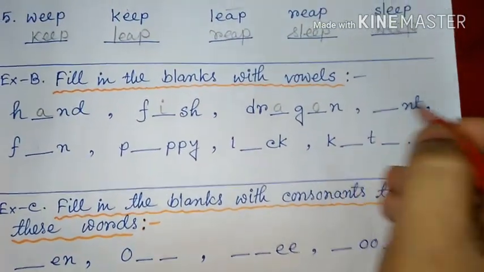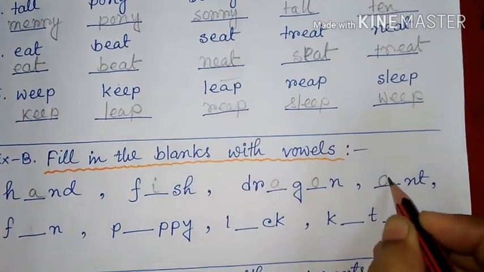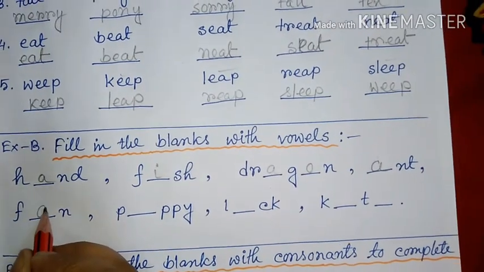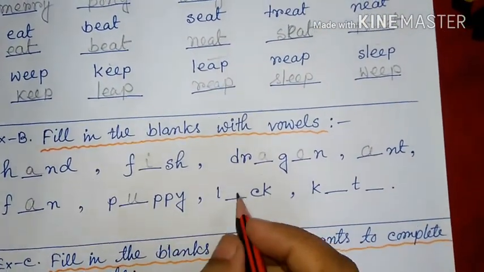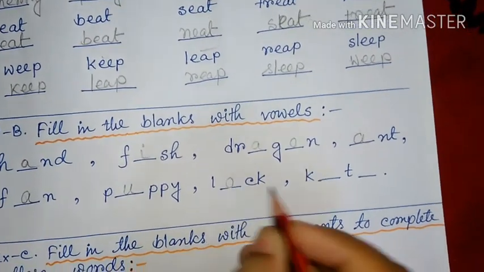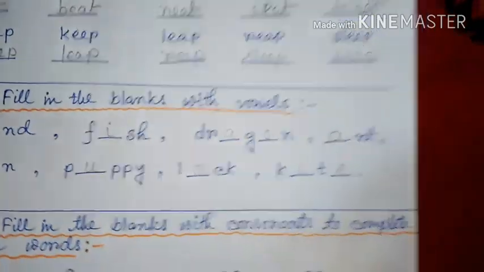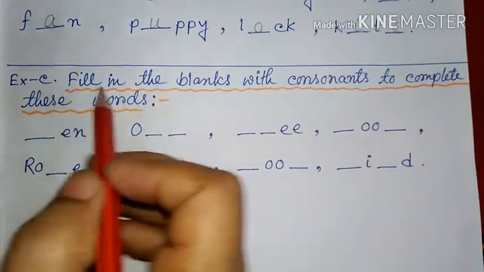DRAGON dragon. ANT ant. FAN fan. PUPPY puppy. LOCK lock. KITE kite.